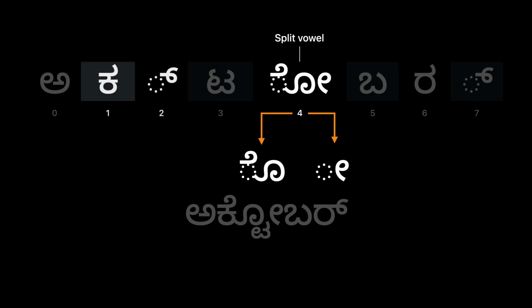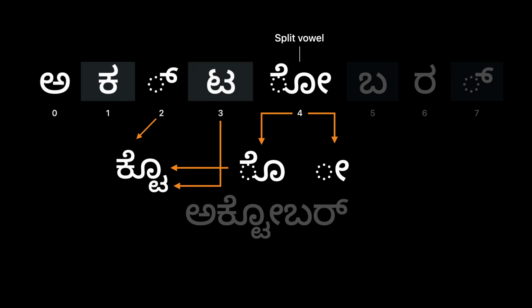Then the one on the left gets reordered between the glyphs representing characters 1 and 2, before the ligature for 2 is applied. The glyph representing the character at index 3 also gets substituted to a conjoining form. In the final word, it's drawn below one of the glyphs in the split vowel.